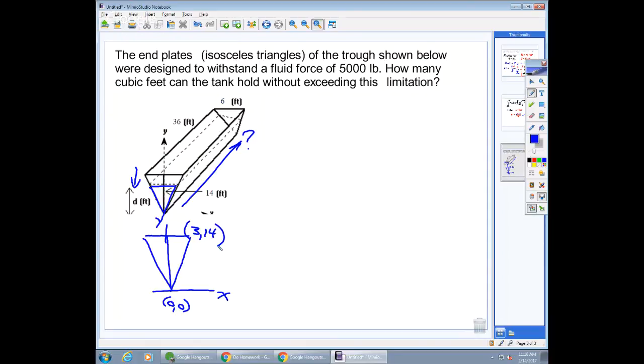Other thing to consider here, I'm going to have a rectangular chunk of area across that way, which means I need things in terms of y. So this line coming through here, I would like to write it as x equals. If it's x equals instead of y equals, we flip the slope. So instead of 14/3, it's 3/14.